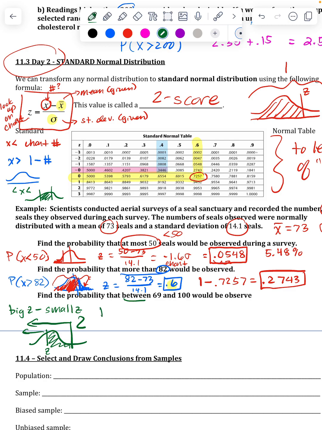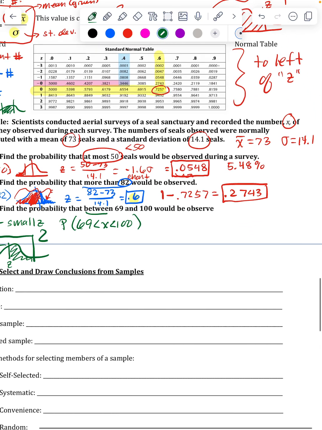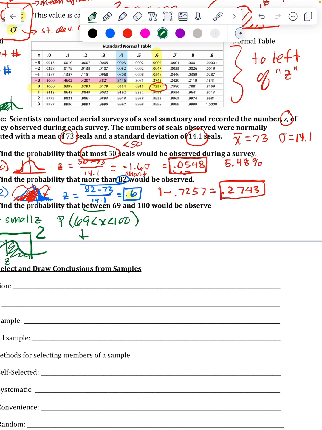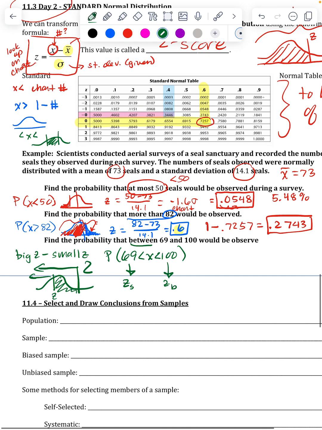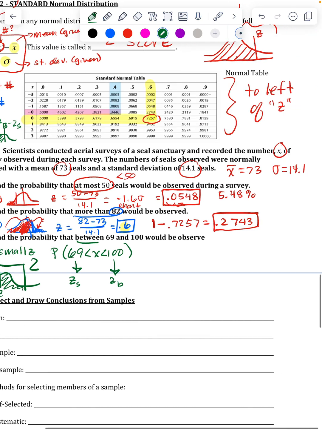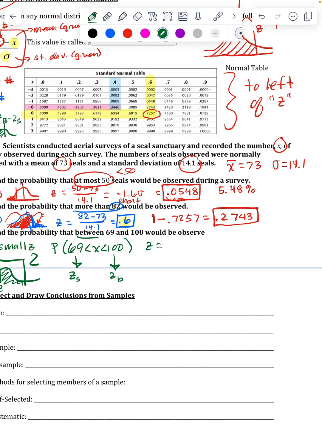So here it's like, what's the probability that there's somewhere between 69 and 100 seals on the beach when they go by? I need a Z-score for this, and that's going to be my small one, and I'll need a Z-score for this bigger number. And then I'll subtract them. So up here, if it's between, you're going to take Z big minus Z small. Let's find the Z-score for the low end.